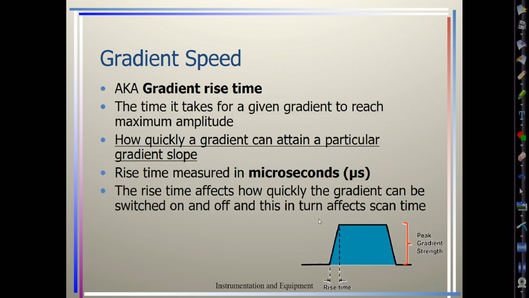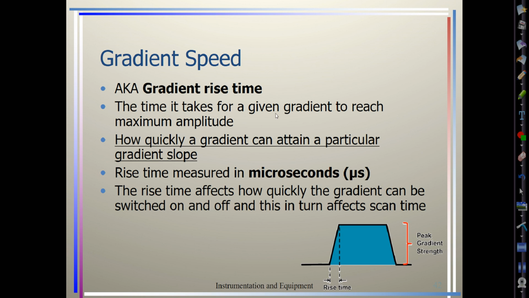And our next term, rise time, we can use the same diagram, but it's the time it takes in microseconds, because this is happening very fast, to get up to our gradient amplitude, or our gradient strength, maximum strength.